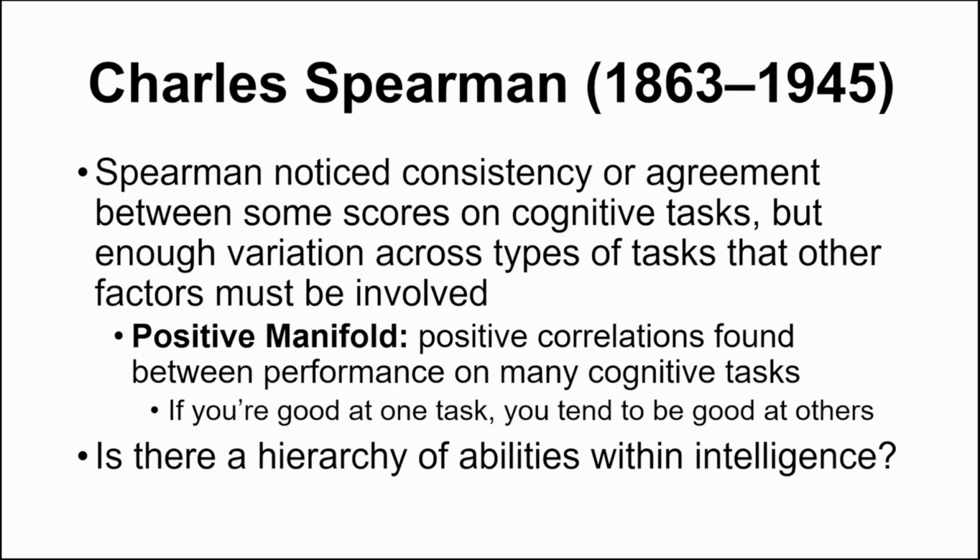But overall, we see this pattern where if you tend to score high in one, your score tends to be higher in the others as well. So if you're good at one task, you tend to be good at others too. But we do see that there's a lot of variation there. So it isn't a perfect correlation. It isn't like this one underlying factor is good at explaining everything.